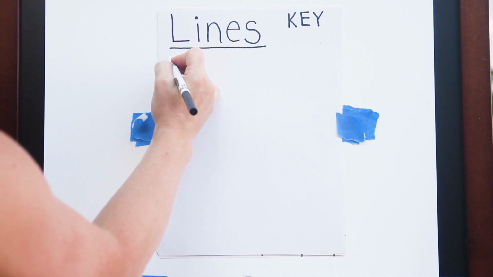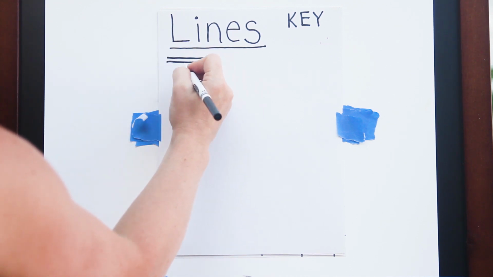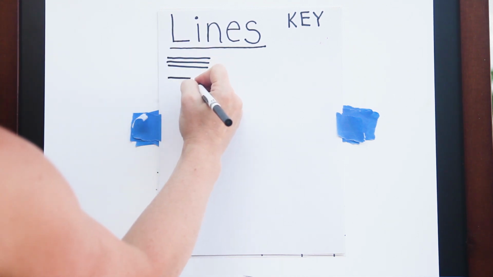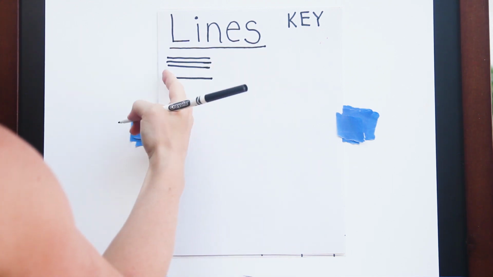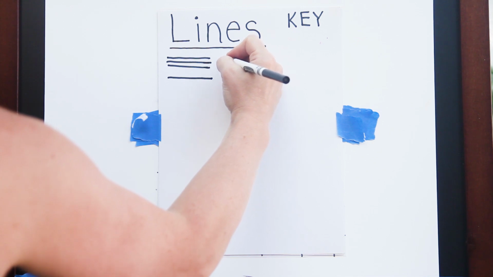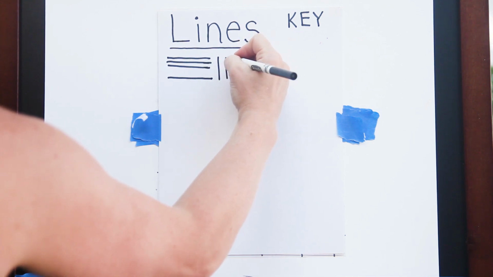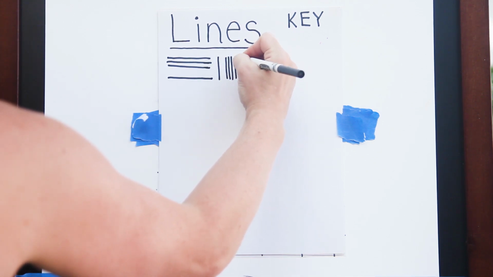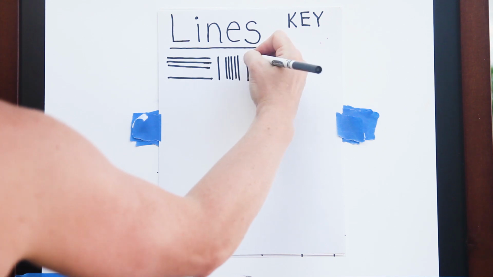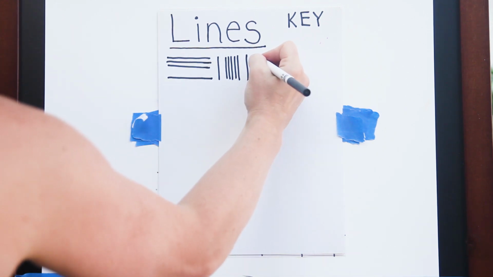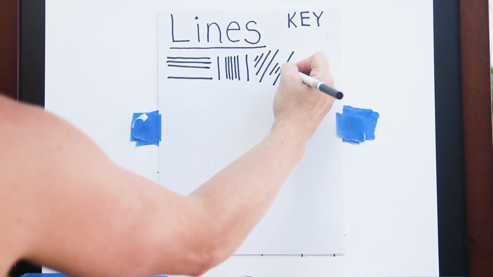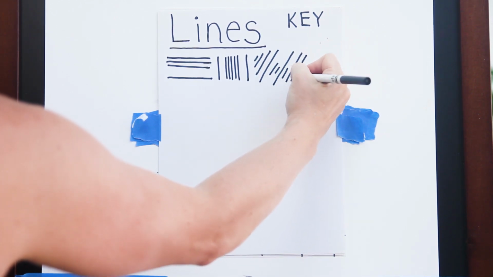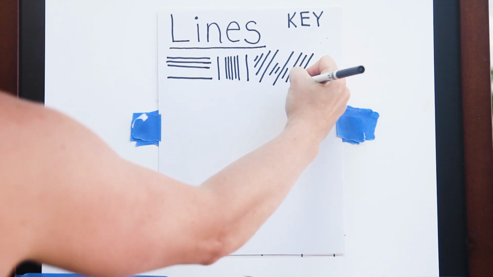So we know this kind of line is horizontal, and we know this kind of line is vertical, and this kind of line is diagonal. You guys know that stuff.